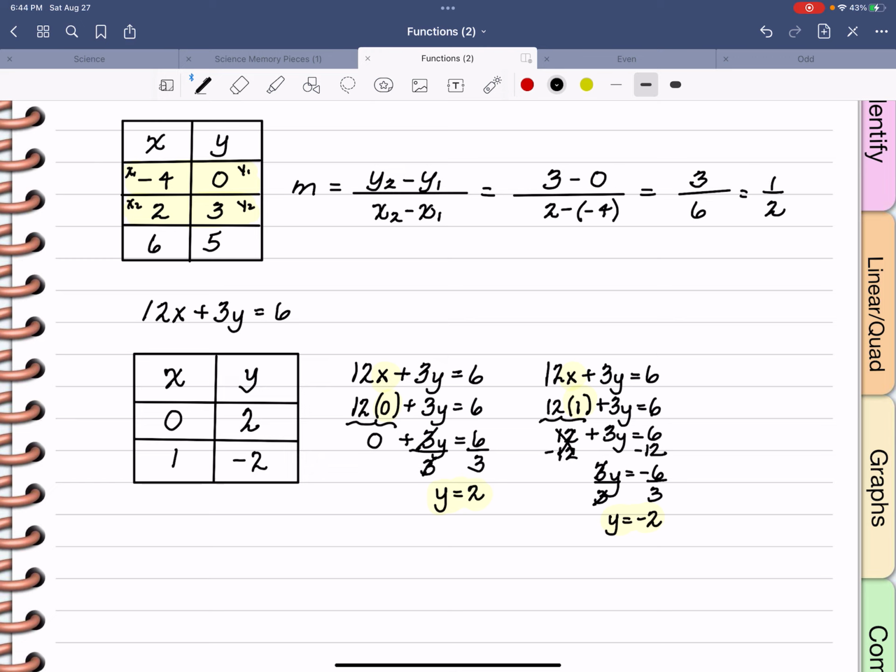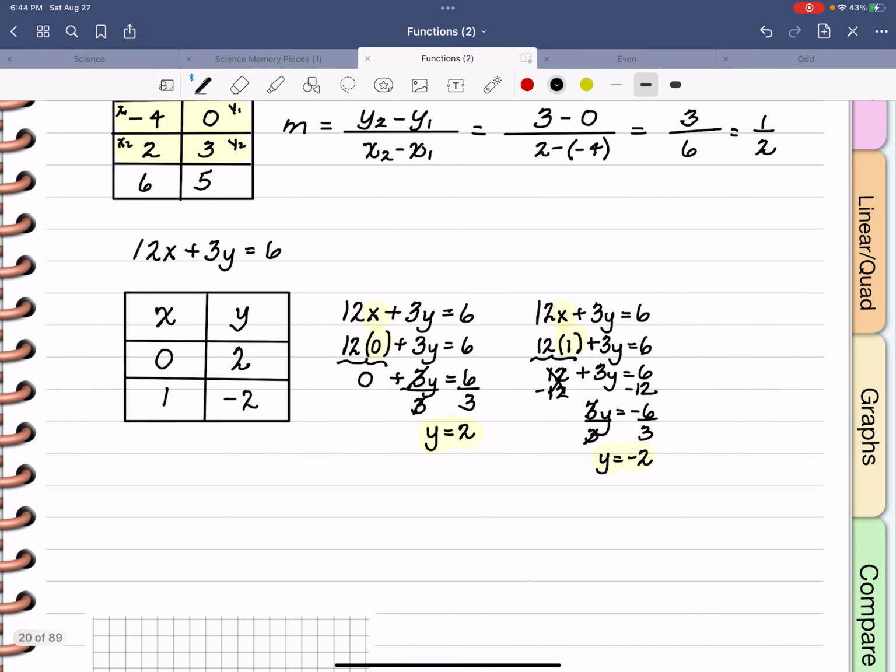And now we can find slope because we have 2 points. So I'm going to use these 2 points that we just found. And let's label them x1 and x2, and y1 and y2. And then let's go to m equals, say it with me, y sub 2 minus y sub 1 over x sub 2 minus x sub 1.